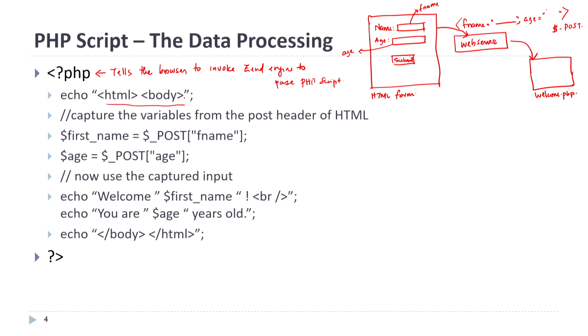So, what it does is it creates another HTML page, and because it says there is no head, it is body. So, then you are capturing two variables, $firstname is equal to $_POST fname. So, the $_POST variable of PHP is an associative array.